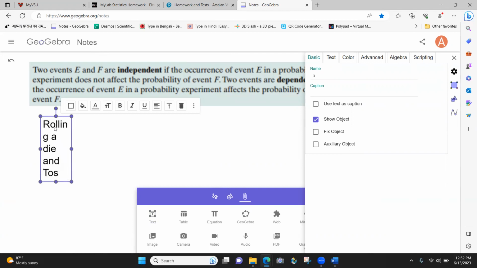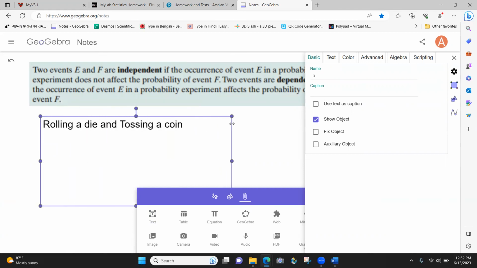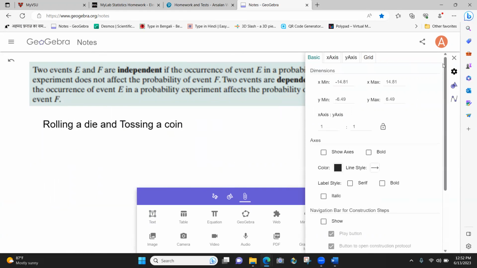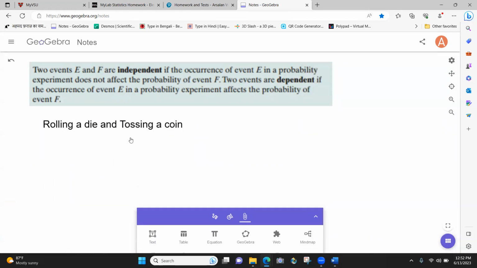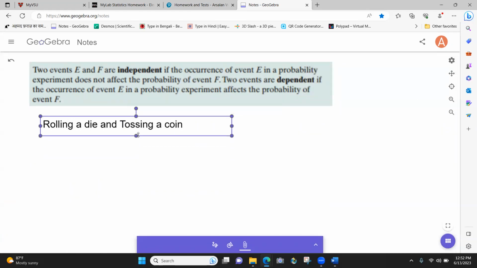Now I want you to tell me, what is the probability that you're going to get a tail on your coin and a 6 on your die?